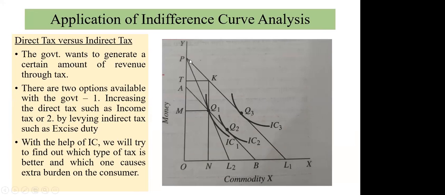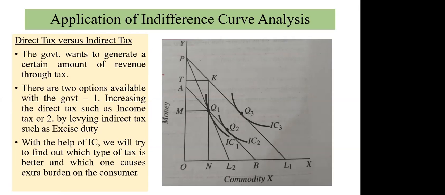So with the increase in the price of the good X, the price line PL1 will shift leftward, because with the initial income, he was previously purchasing OL1 amount of commodity X, but with the increase of the price, now he will be able to purchase only a lesser amount of X. So the next budget line will be PL2.